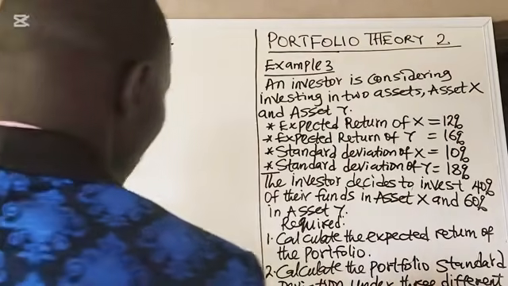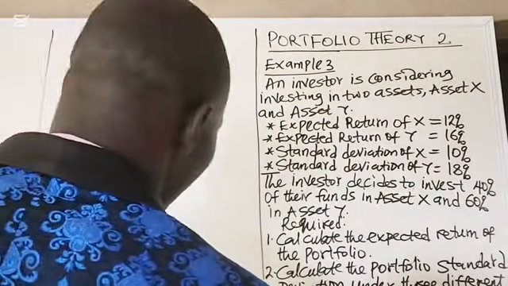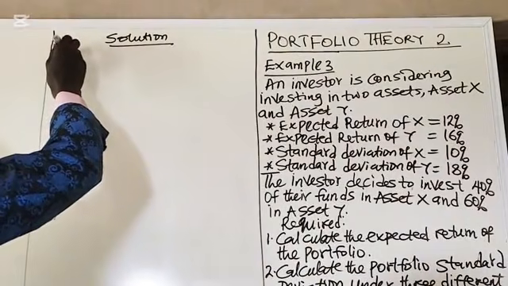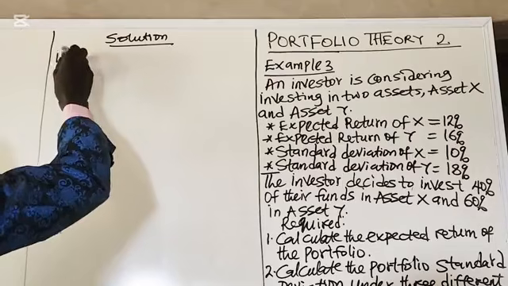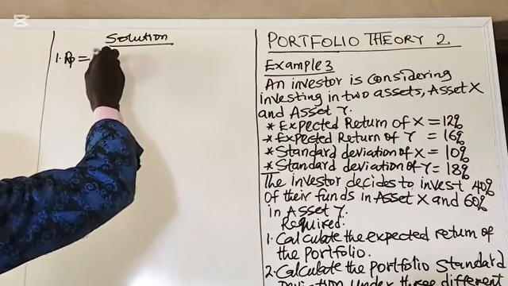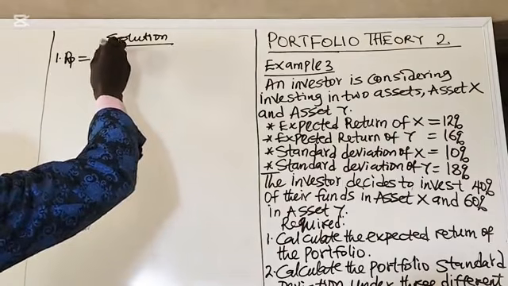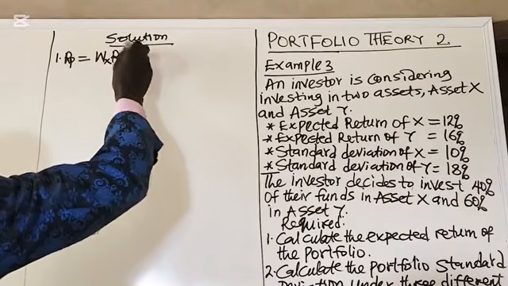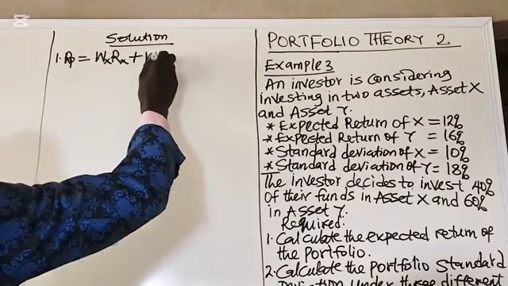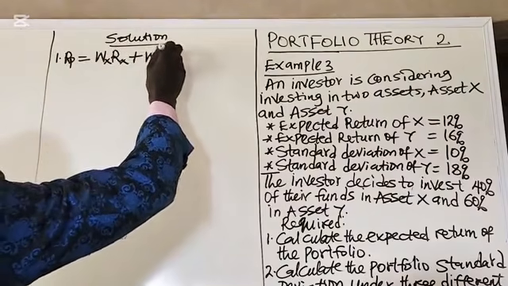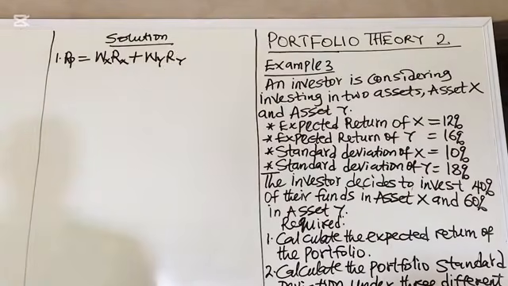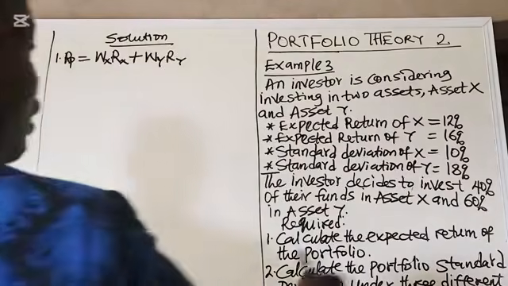For requirement 1, you have to calculate the expected return of the portfolio. Expected return of portfolio is the weight of asset X times the return of asset X, plus the weight of asset Y multiplied by the return of asset Y. You were told the expected return of X is 12%.